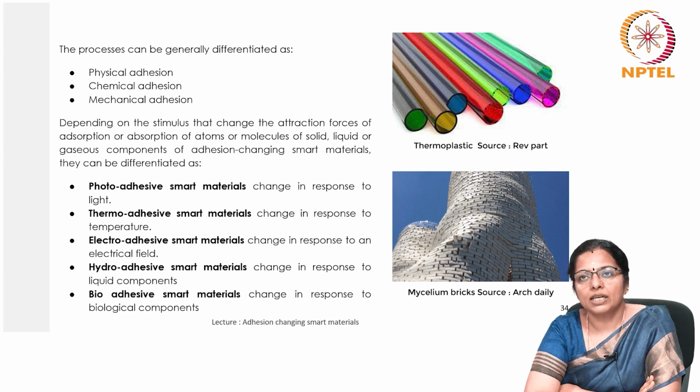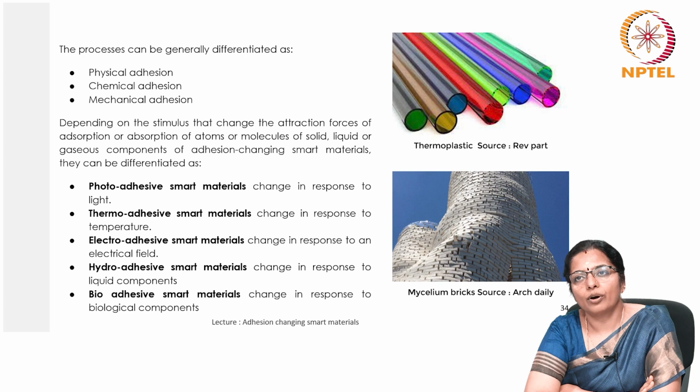Now, what is physical adhesion? The main attraction forces are due to adsorption, secondary bonding, van der Waals forces, electrostatic bonding, dipolar bonding and secondary valency bonding between different components. Chemical adhesion.